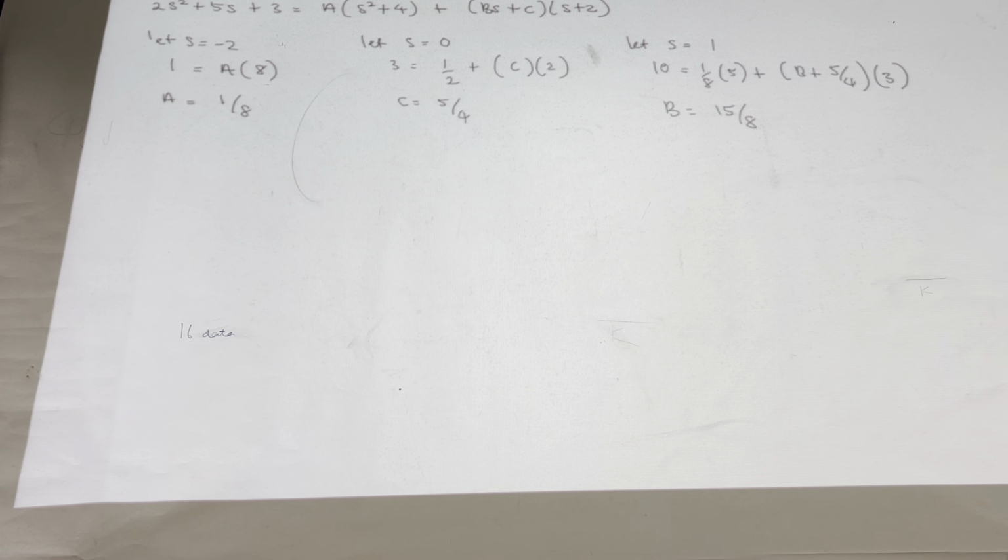So Y(s) is 1/8 over s plus 2 plus 15/8 s plus 5/4 over s squared plus 4.